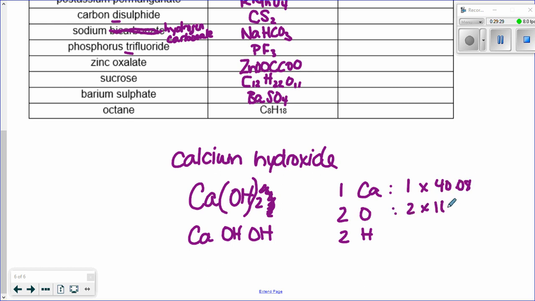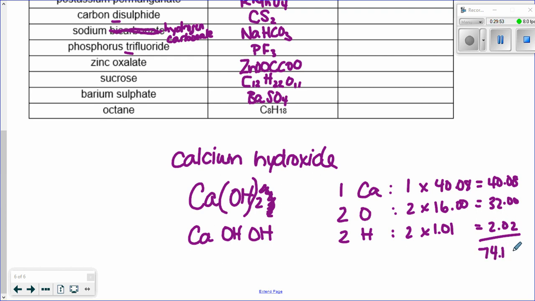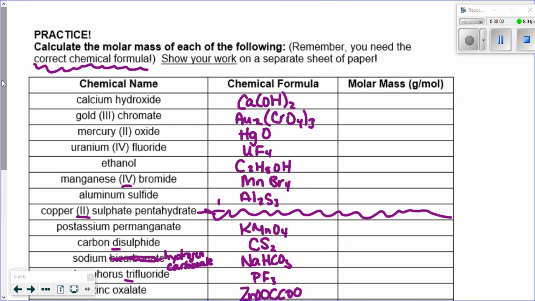Oxygen is 16.00. Hydrogen is 1.01. So if I added that all together, I would get 74.10. I'm going to put, you don't have to, grams per mole. So your answer for the first one for the molar mass of calcium hydroxide is 74.1 grams per mole.